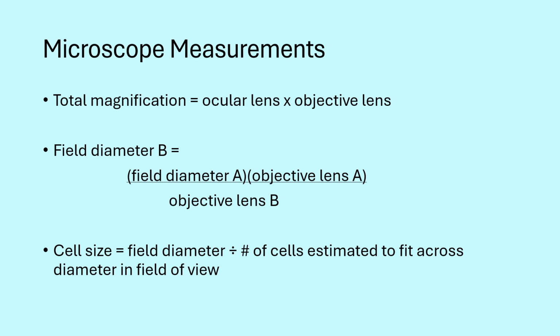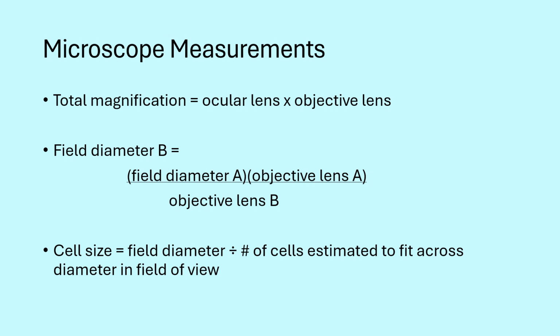Now if you want to know the field diameter at the next objective lens B, you know the magnification of that. Magnification of objective lens A, you know that. Field diameter of A, you know that because you just measured it. Multiply those two, divide by the objective lens magnification of the one that you're trying to determine the field diameter for.